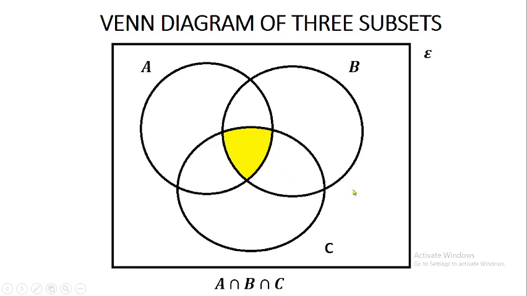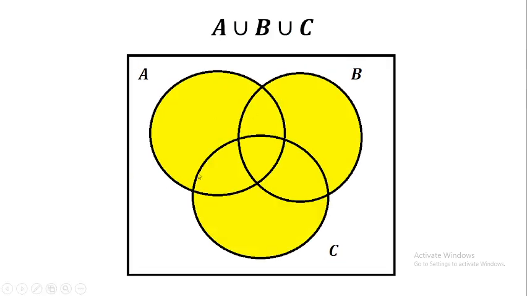Let's move further to know other components that we have in Venn diagram of three subsets. Now you can see all these colored places in the three subsets.